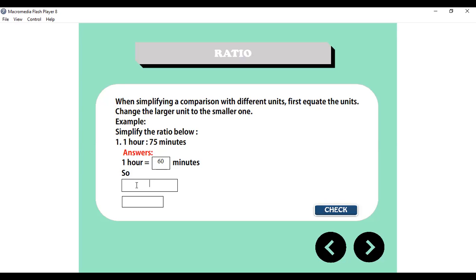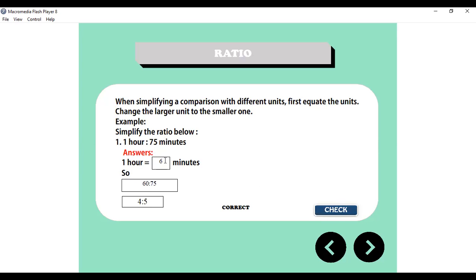So 60 to 75. Then we simplify, make it simpler. And then we check whether the answer is correct.